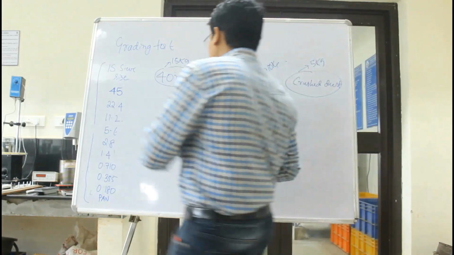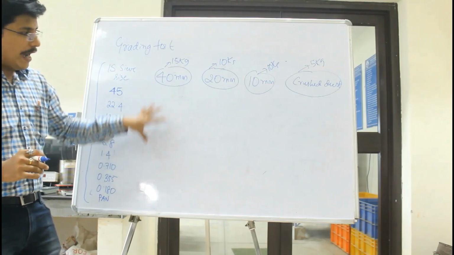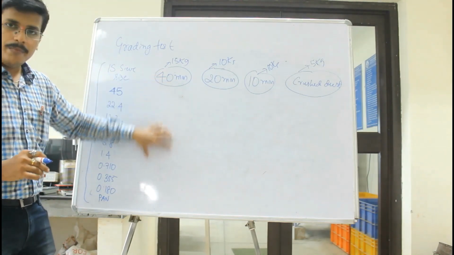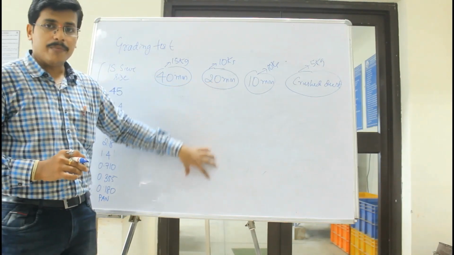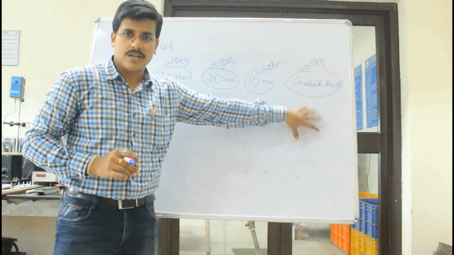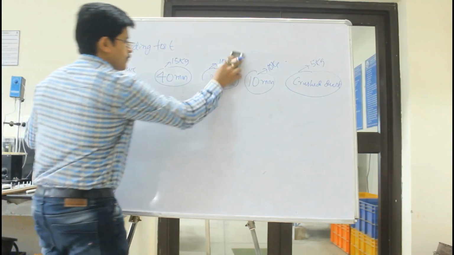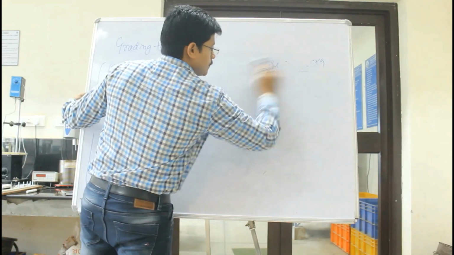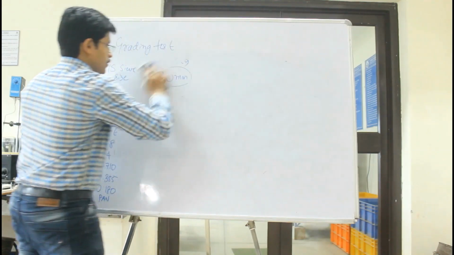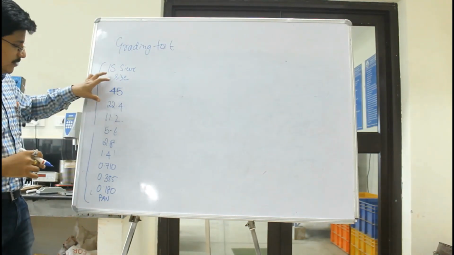We will sieve these aggregate stockpiles individually and determine the grading of 40 mm, the grading of 20 mm, the grading of 10 mm, and the grading of crushed dust. So let's take a typical 40 mm grading with this sieve set.